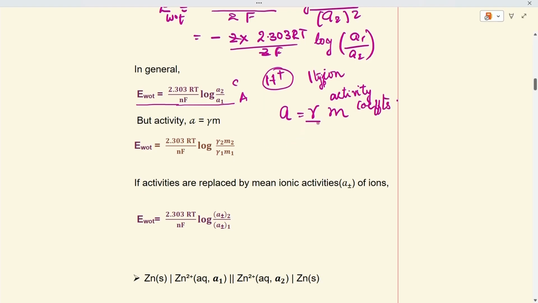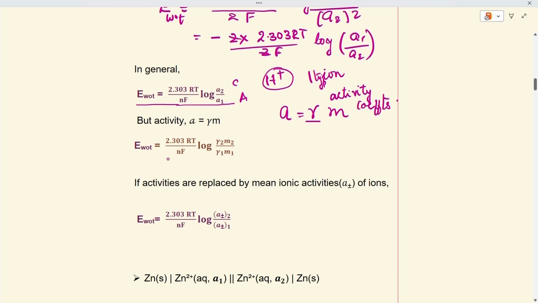Now, this is the expression we will get: 2.303 RT by NF. Instead of activity 2, I will put gamma 2 M2, that is the activity coefficient of component 2 and the molality of that same substance, divided by gamma 1 into M1.